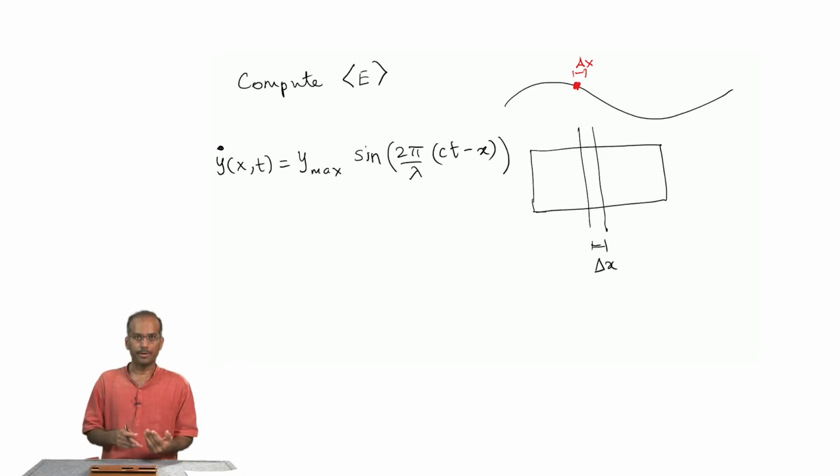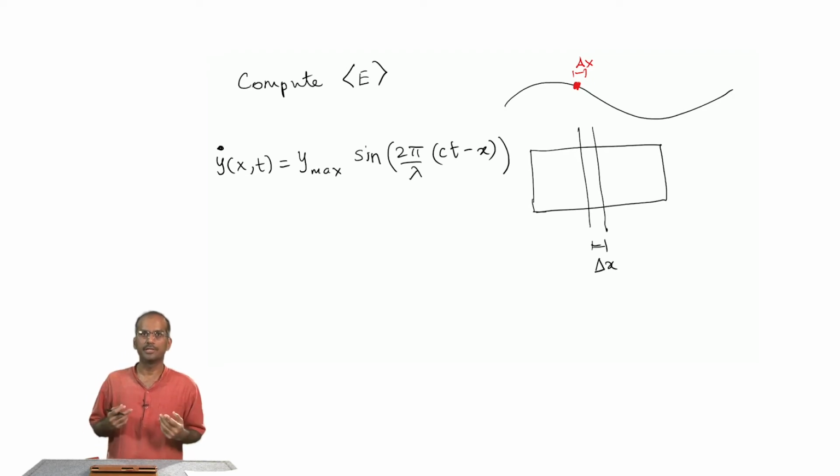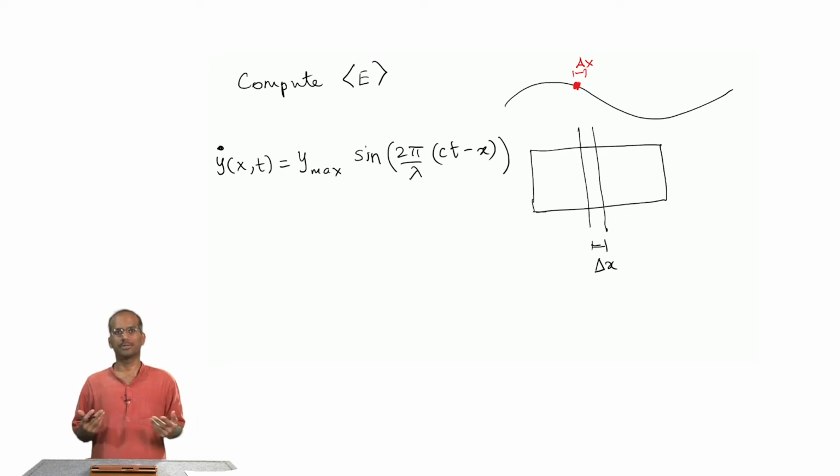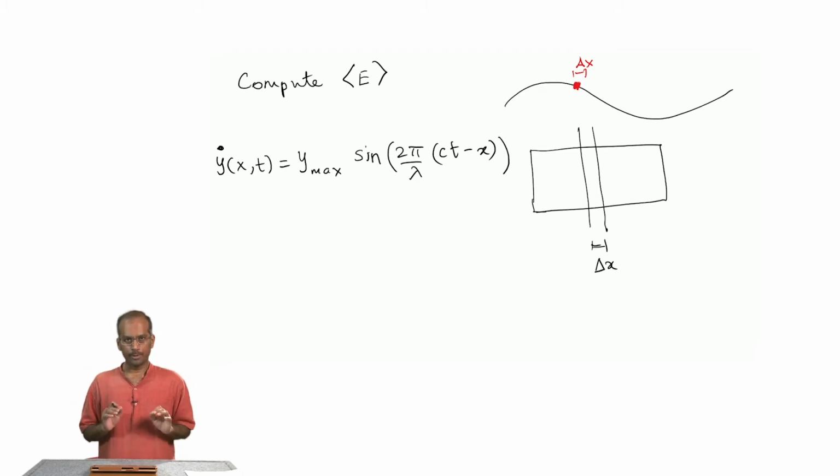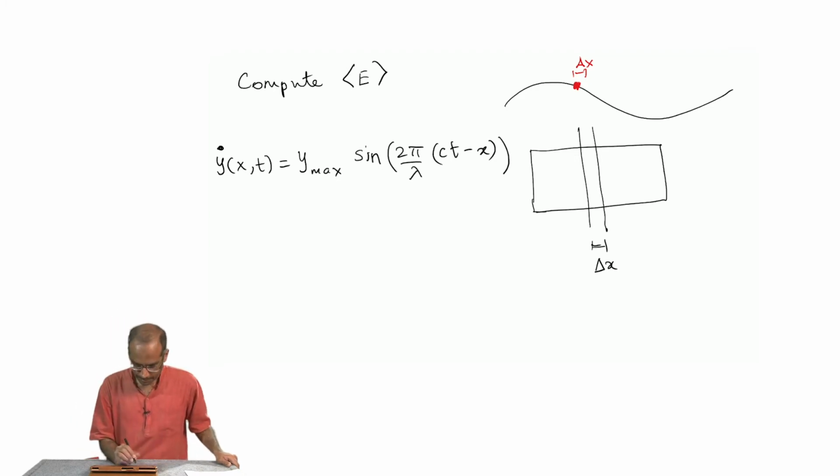Only then y dot will give me a sine function, but the results do not depend on whether I choose my initial solution to be a cos or a sine function. So, I just have to make any one choice and go ahead with the calculations. That would be consistent. And since I am going to require only dou y by dou t, I am directly stating that y dot has this form.